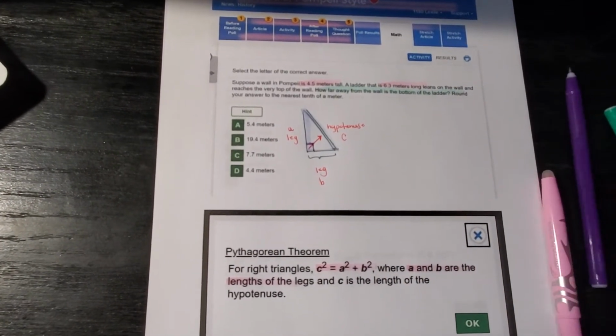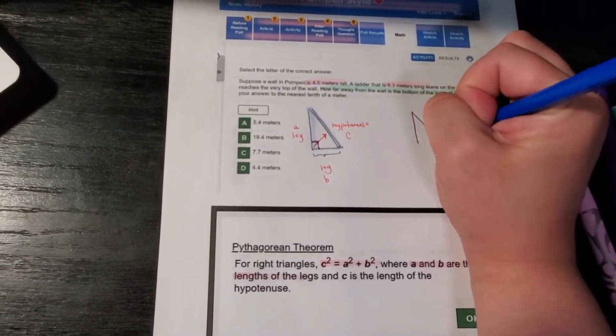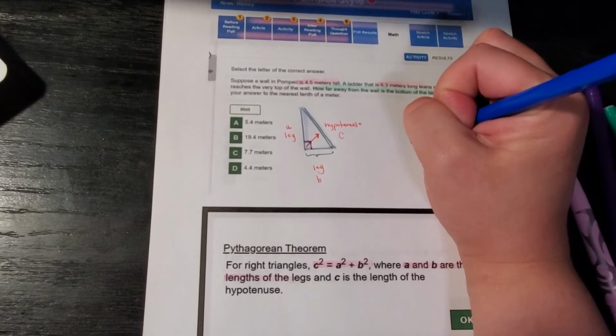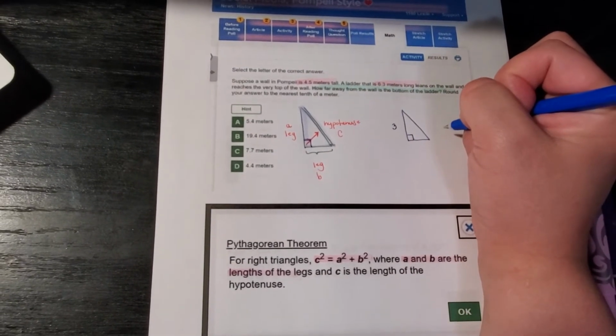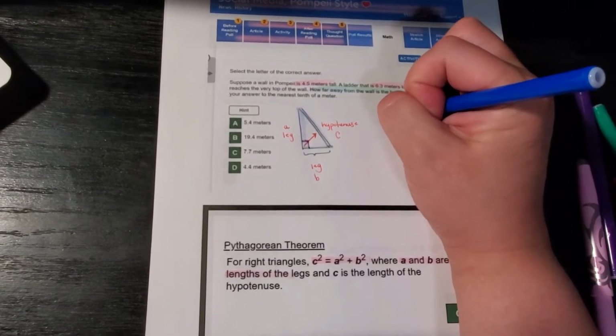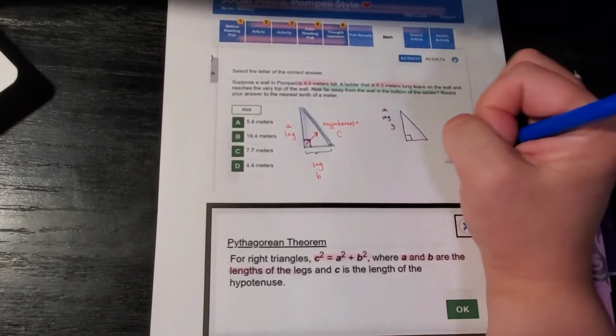So if we look at a separate example, and I draw another right triangle, and I'm given that this length is 3, so the length of one leg, or A, is 3.